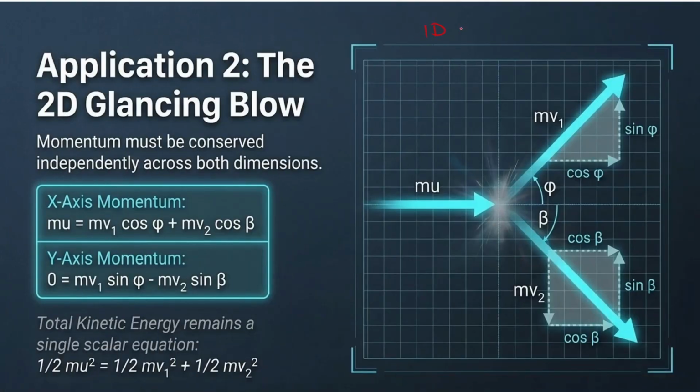The 1D collisions are very simple to solve or understand. But whenever we deal with 2D motion, whether it is elastic or inelastic, the kinetic energy conservation we easily apply because it is a scalar quantity.